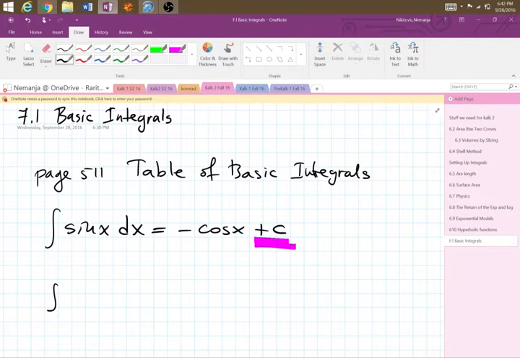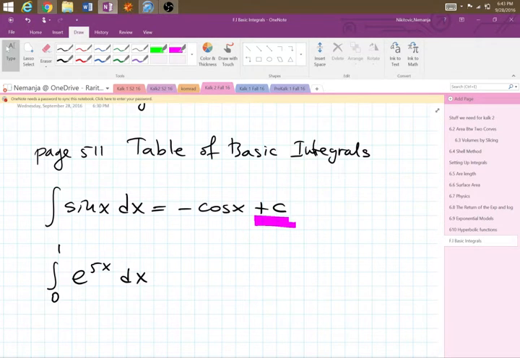If you have the integral from, let's say, 0 to 1 of e to the 5x dx, you would integrate, which means e to the 5x over 5, and then you would compute that between 0 and 1. So this is another basic idea. We know this as the fundamental theorem of calculus, computing the integral at the limits.